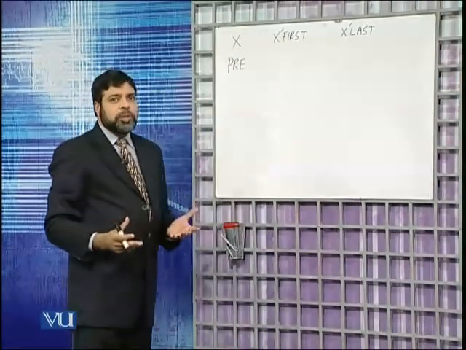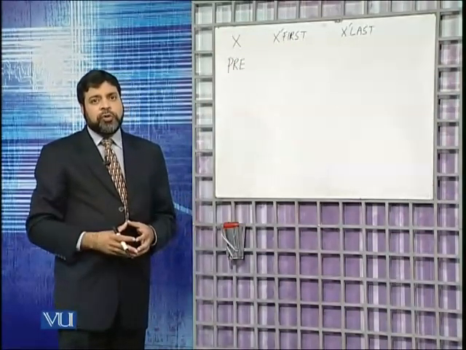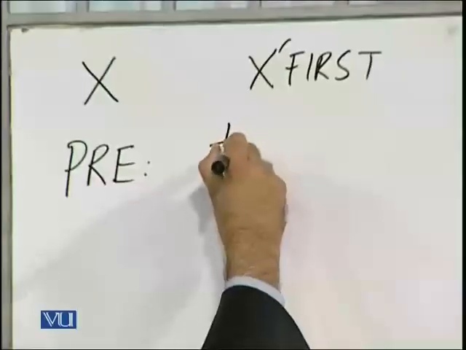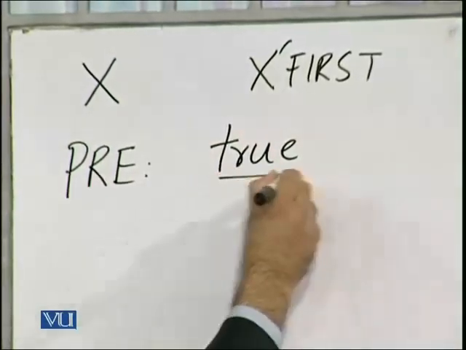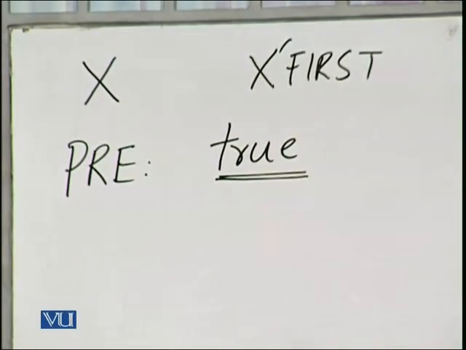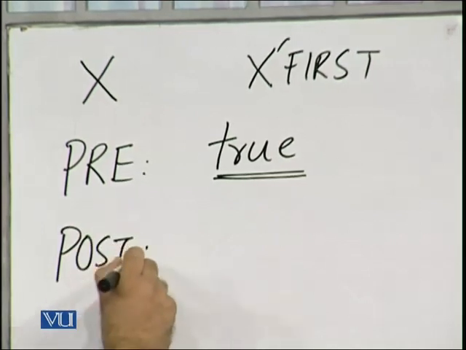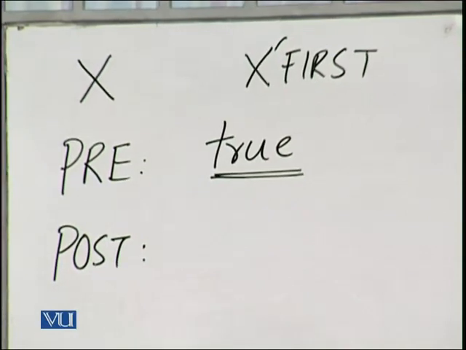We saw the precondition previously, and that precondition was true. I will come back and revisit and discuss this true condition. The postcondition in this particular case is once again trivial.